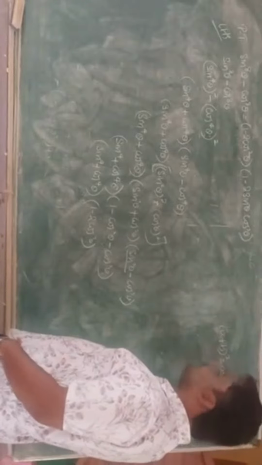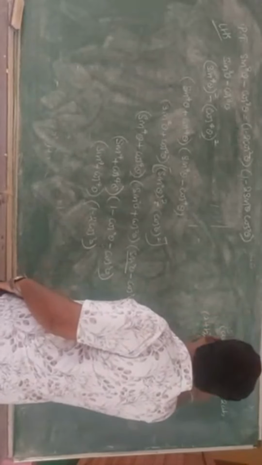Now I can take this one, sin to the power 4 theta plus cos to the power 4 theta. You can write it as 1 minus 2 sin square theta into cos square theta. How? See, a plus b whole square is equal to a square plus b square plus 2ab.